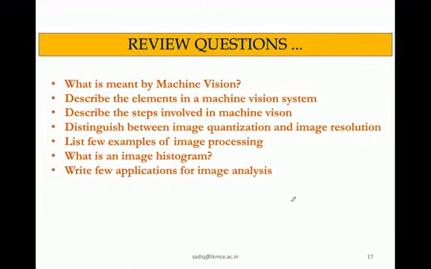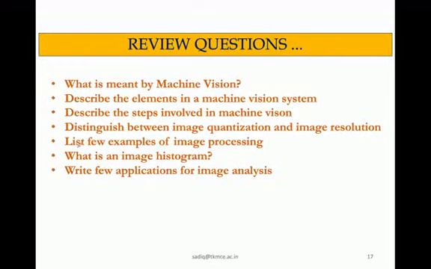Now let us have a quick review. Just verify, are you able to answer these questions? Do you know what is meant by machine vision? Remember, it is not just the vision of human beings; the vision of living beings is studied in machine vision. Are you able to describe the elements in a machine vision system? Are you able to describe the steps involved in the machine vision process? Are you able to distinguish between image quantization and image resolution?